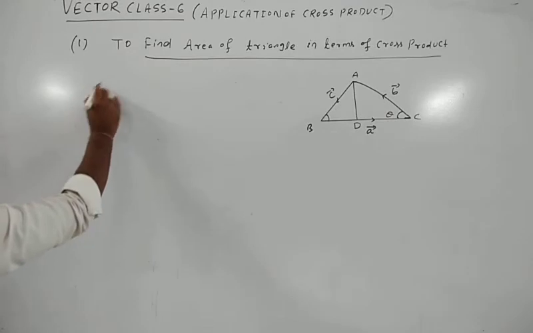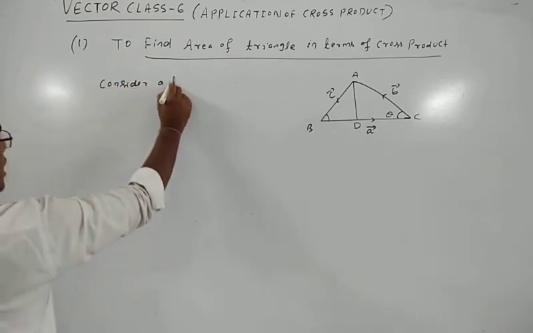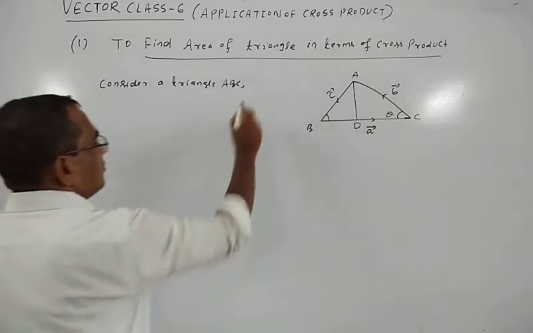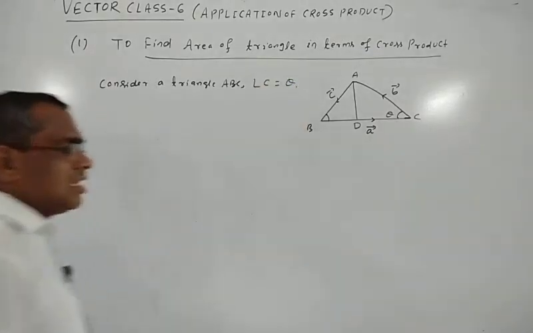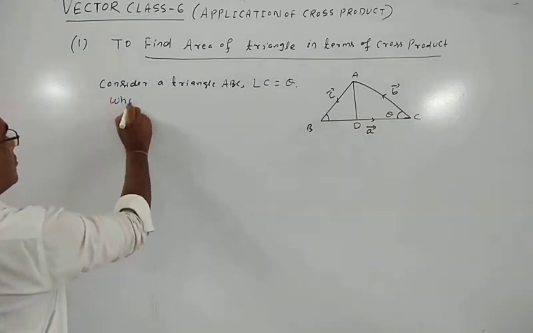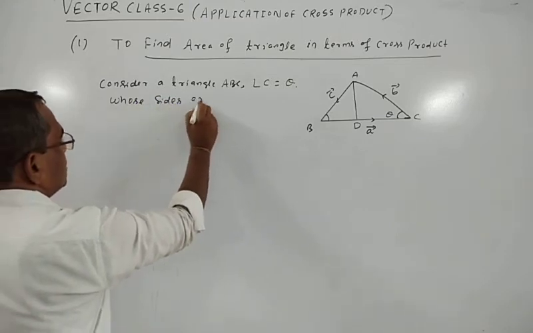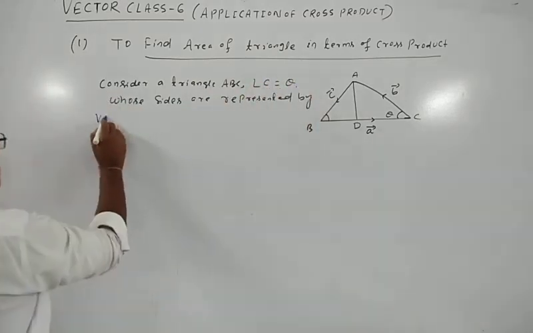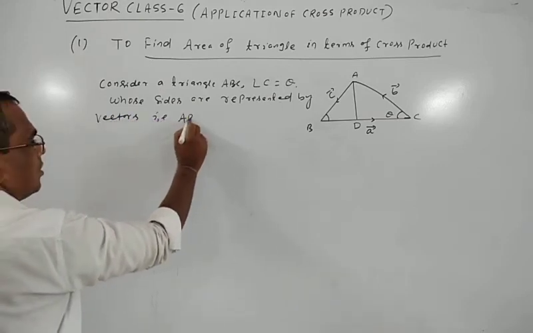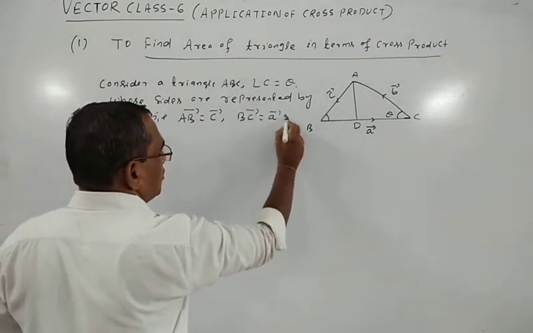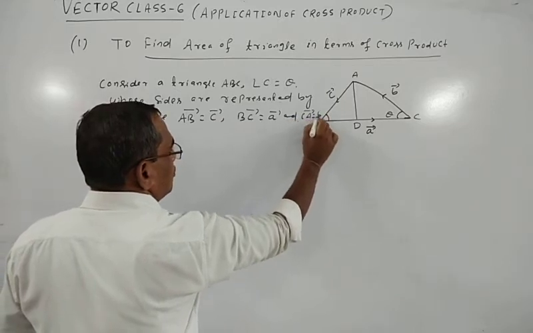So consider a triangle ABC where angle C is equal to theta, whose sides are represented by vectors, that is, AB vector is equal to C vector, BC vector is equal to A vector and CA vector is equal to B vector.